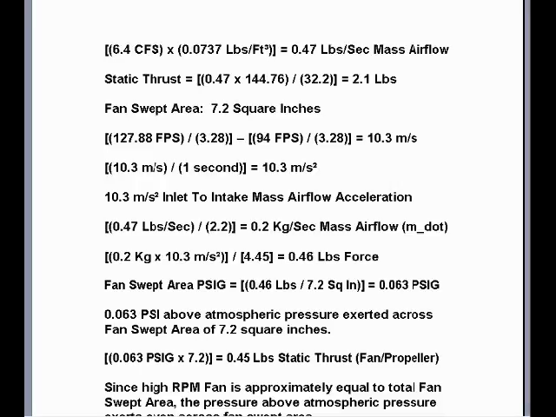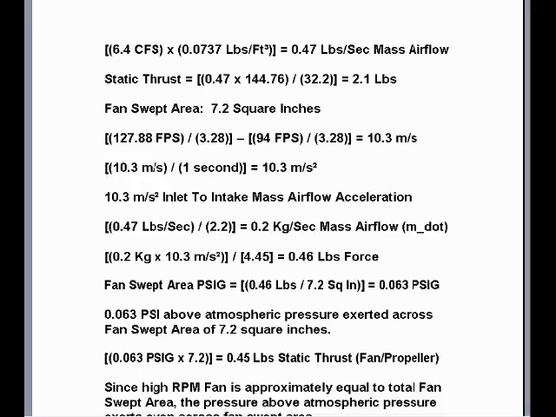So we simply take the final velocity at the intake and subtract that from the initial velocity at the inlet, but we have to do that in metric values. So 127.88 feet per second at the intake, divided by 3.28 to get meters per second, subtracted from 94 feet per second at the inlet.